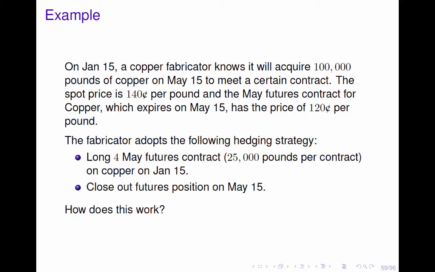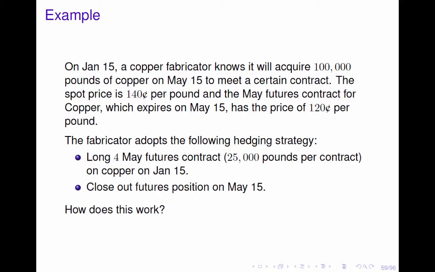On January the 15th, a copper fabricator knows it will acquire 100,000 pounds of copper on May the 15th to meet a certain contract. The spot price is 140 cents per pound, and the main futures contract for copper, which expires on May the 15th, has the price of 120 cents per pound.